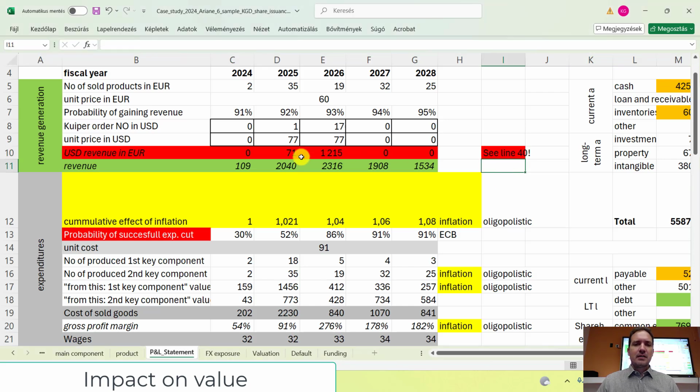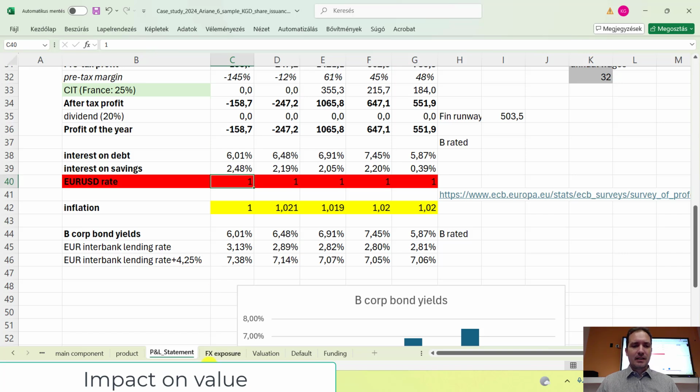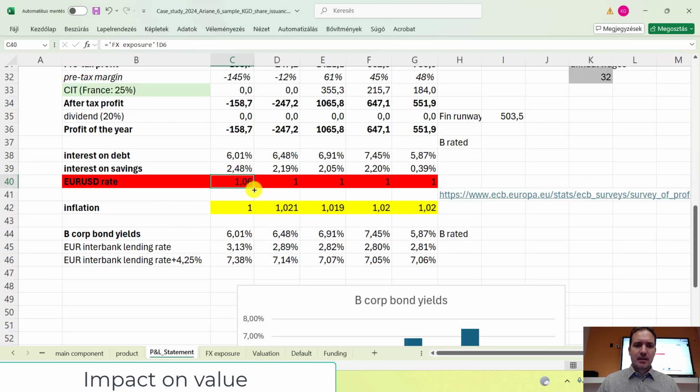Okay, now we define that this is where our exchange rates live. Now we can dig in, and instead of using 1, let's refer to the expected scenario. Go through.